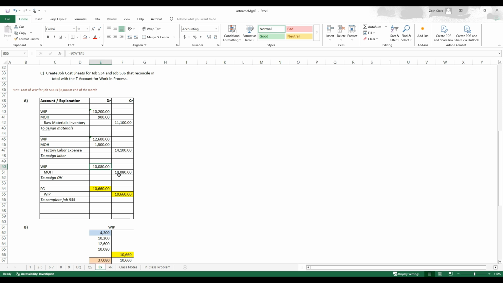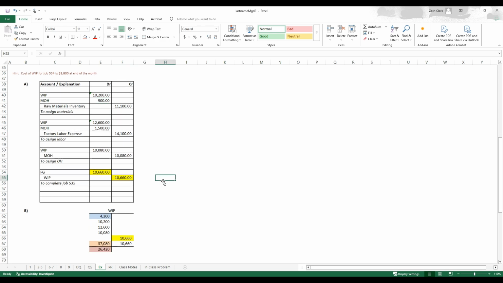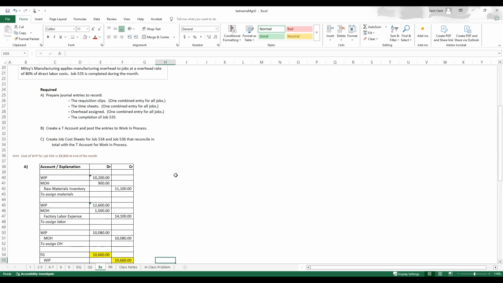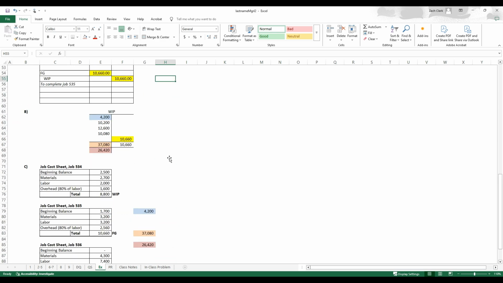And then the WIP assigning 80% of the direct costs. If we were going to close out the manufacturing overhead, we would need to know some additional indirect materials, rent, depreciation expense, all those kinds of things that would be in manufacturing overhead. So we're missing some information, but this is the ABC part down here.